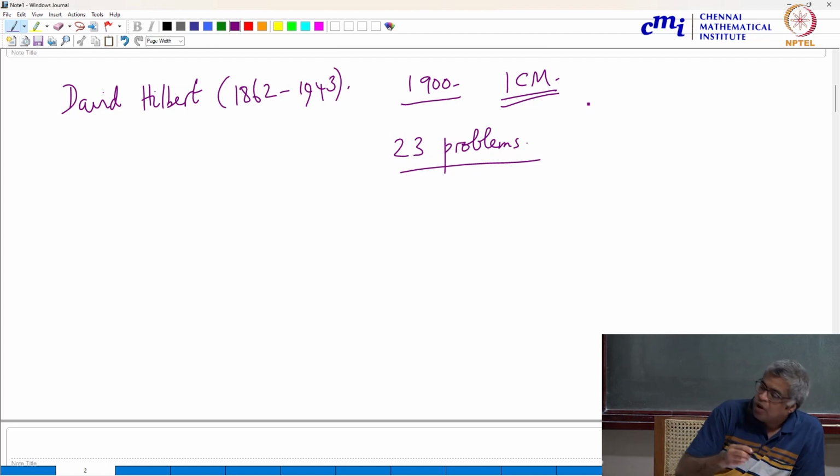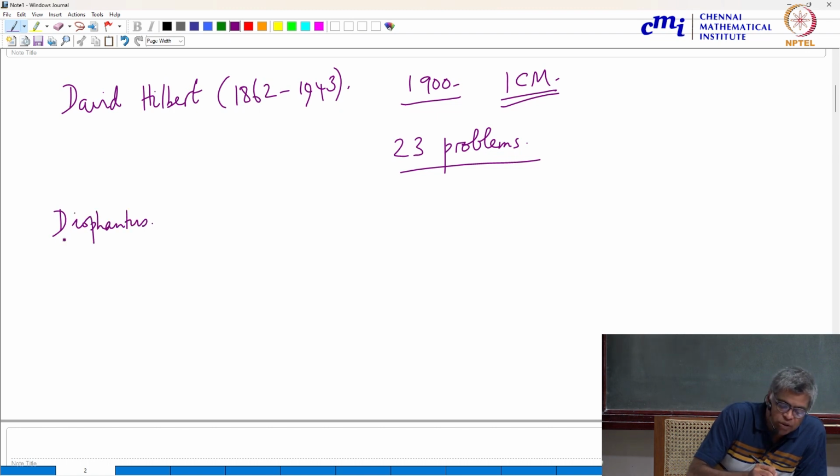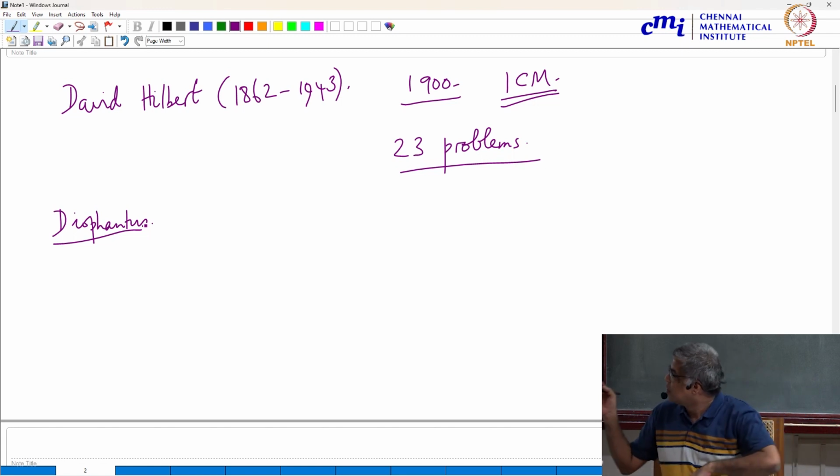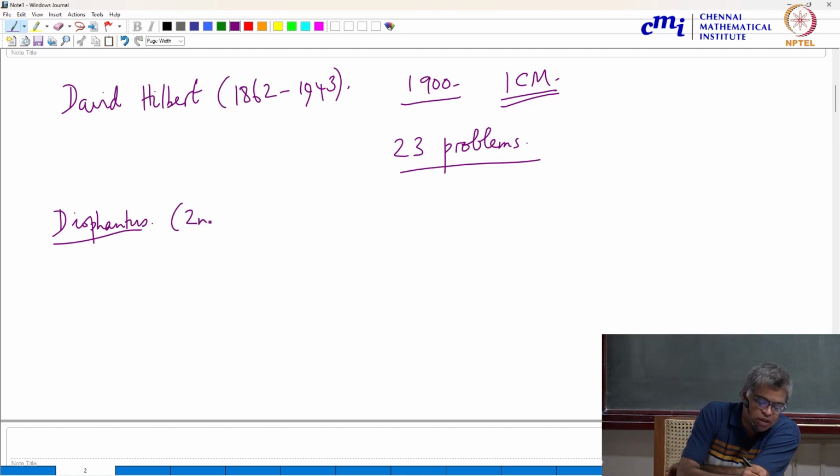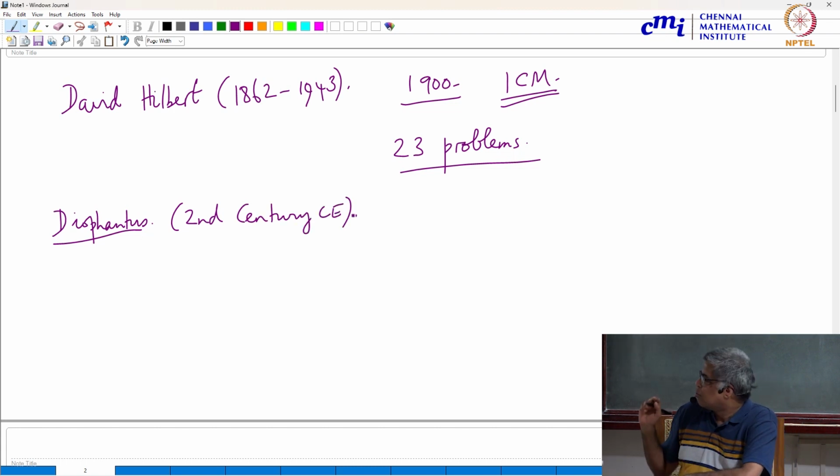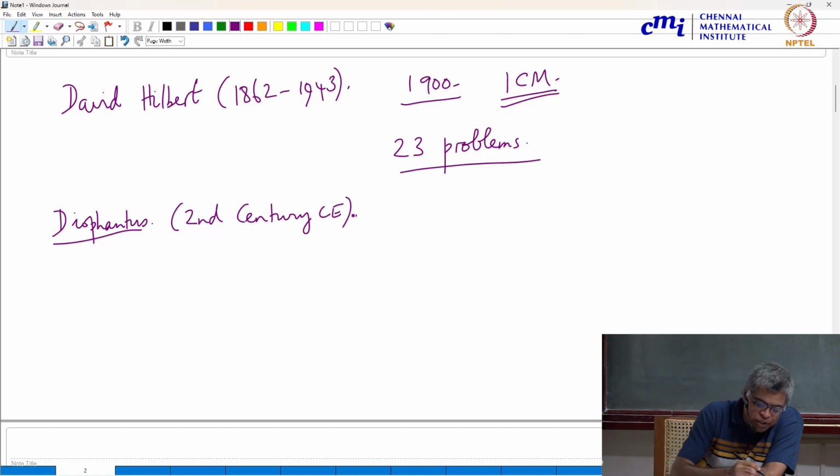Okay. So, what is Hilbert's 10th problem? You have to go back to Diophantus, who was a Greek mathematician in the 2nd or 3rd century of the Common Era. He studied equations of these forms, polynomials with several variables. You can even think of it as systems of equations.